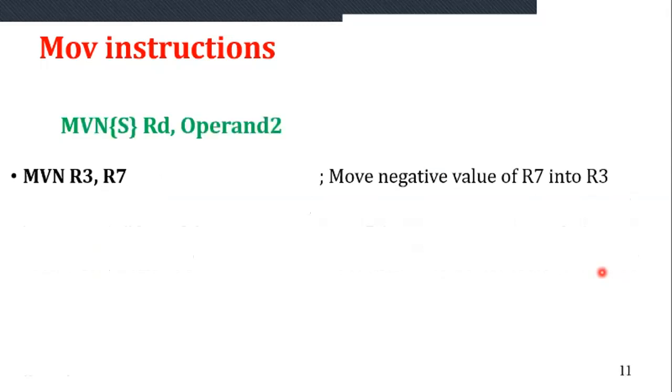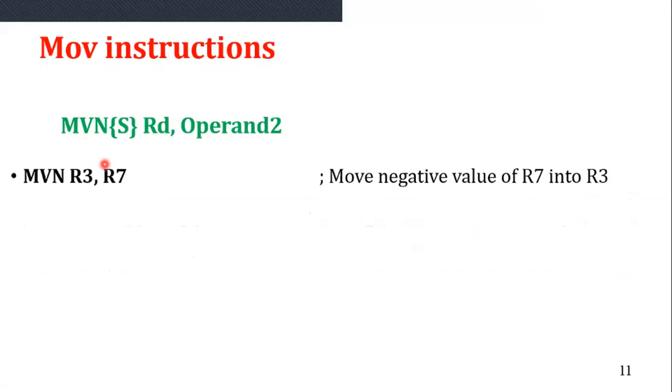Okay, next it is MVN. This is also a type of move instruction. MVN Rd, comma, operand 2. Here, if you want to get the complemented value, to store the negative value, for example I have a 5 and want to store -5 in the register, I can directly use the MVN instruction, which is in 2's complement form.